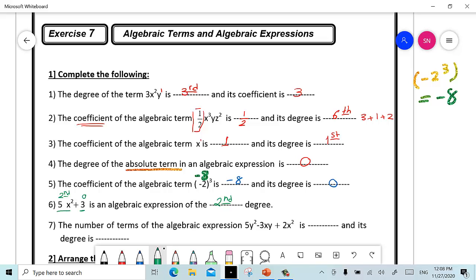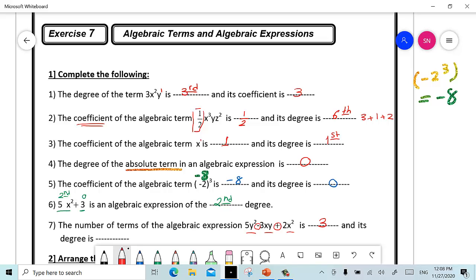Let's go now for number 7. The number of terms of the algebraic expression 5y squared minus 3xy plus 2x squared. I have here between each 2 terms a subtraction operation or an addition operation. So I know now that I have 3 terms. So this algebraic expression contains 3 terms.